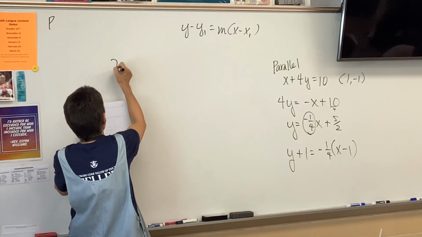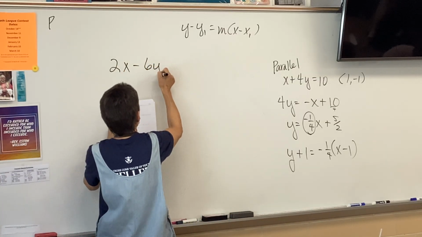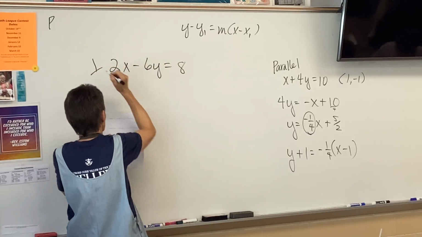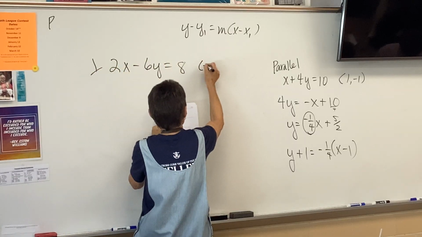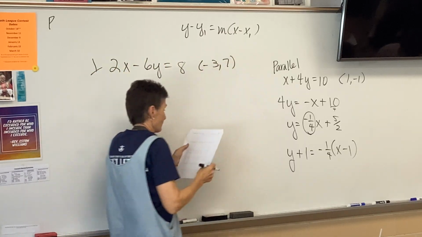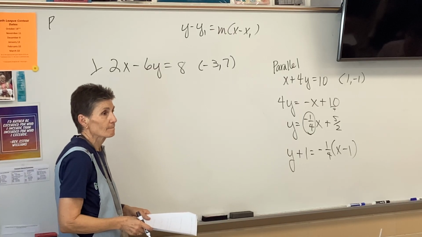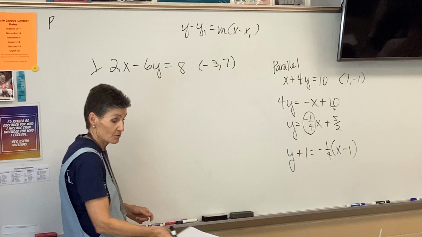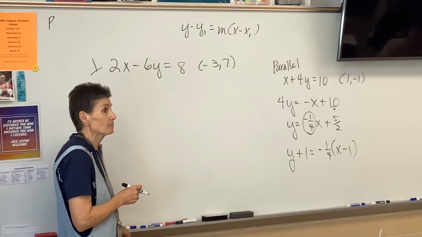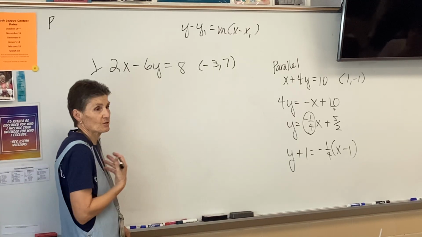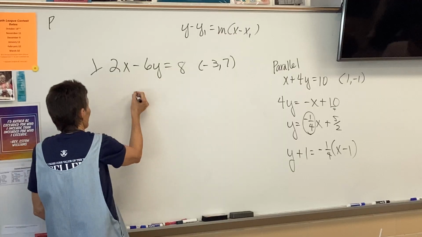All right, now I want to be perpendicular to this line and contain this point. So how shall I begin? Same way. I need slope. So I'll get y by itself.